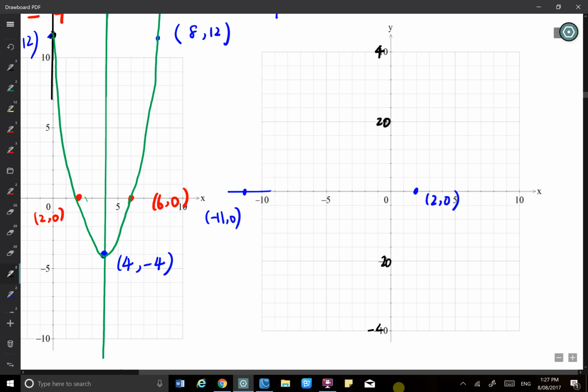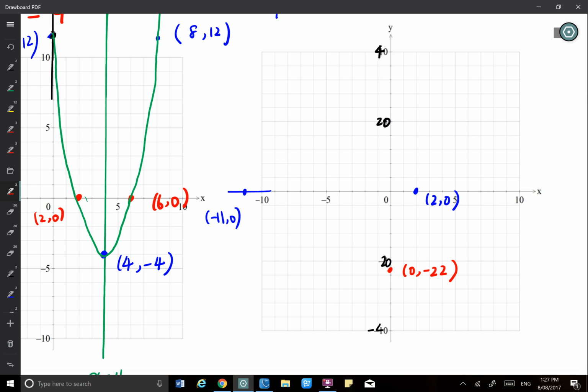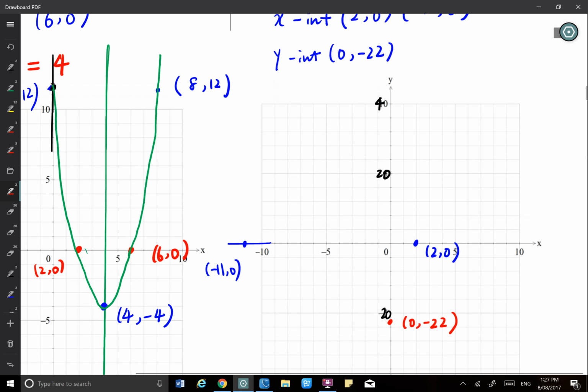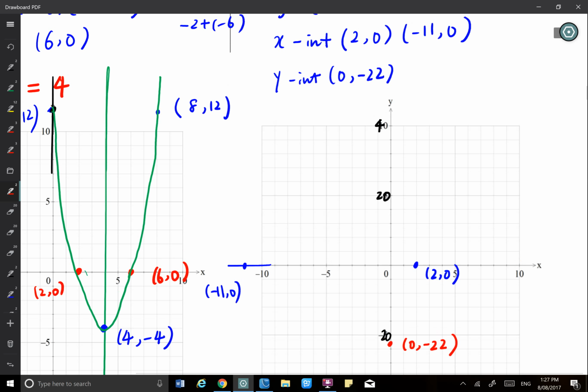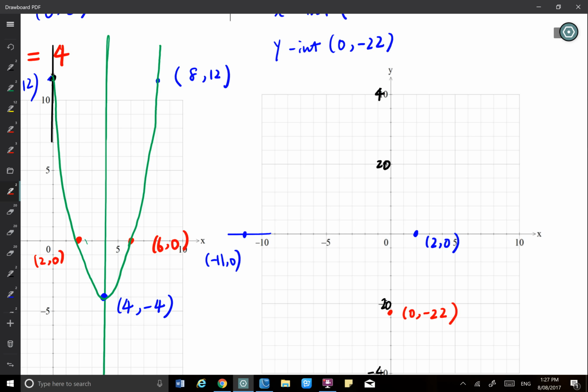So it's about here. Okay, 0, negative 22. Because the value is too large, so I changed the y scale to fit.